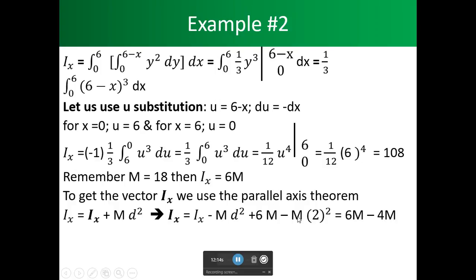We know what m is, right? We know that d equals 2. We solved that earlier. We already found out that the scalar I of x is what? It's equal to 6m. This should be an equal sign. Sorry, I put in a plus sign. So this is minus m times 2 squared. And that's going to give us our vector of I of x is going to be equal to 2m.